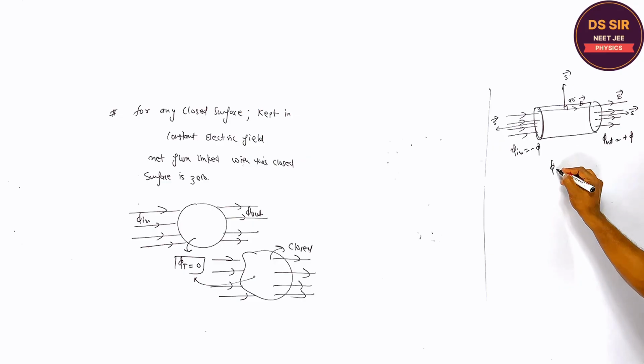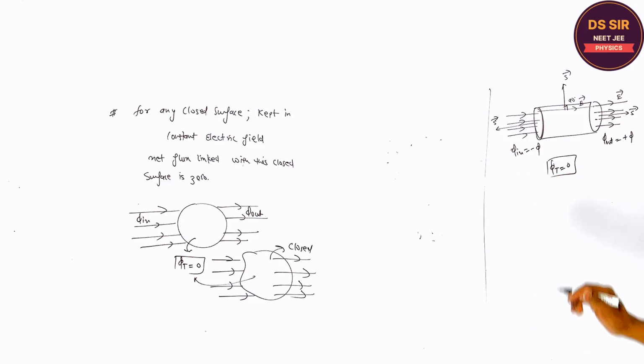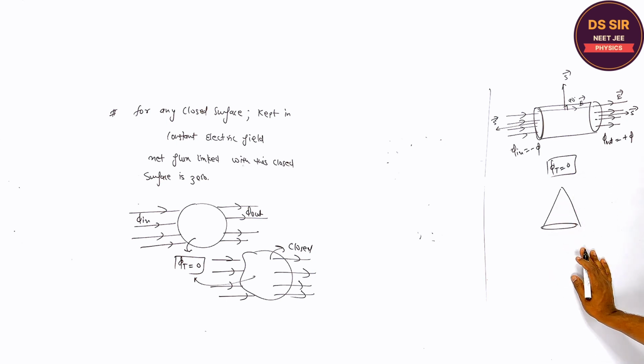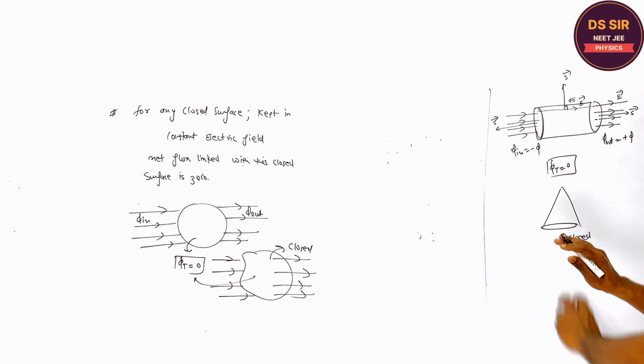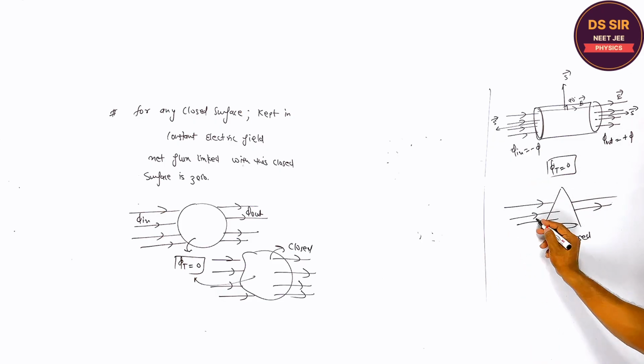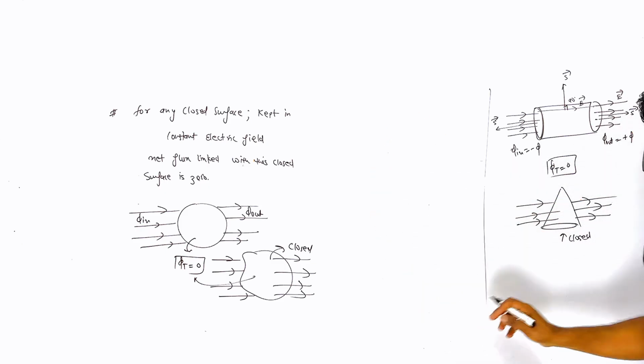The net flux linked with this closed surface is 0. Not only for this, rather if you consider this is a cone, a closed surface, a closed volume, the flux that will enter, the same flux will come out from this closed surface. Is it clear or not? So this is the thing. You understand, right? Copy this.